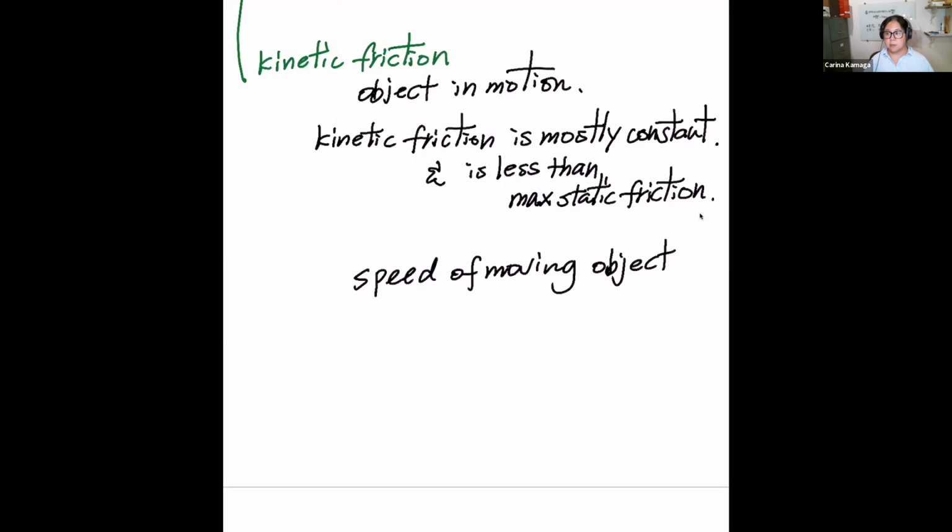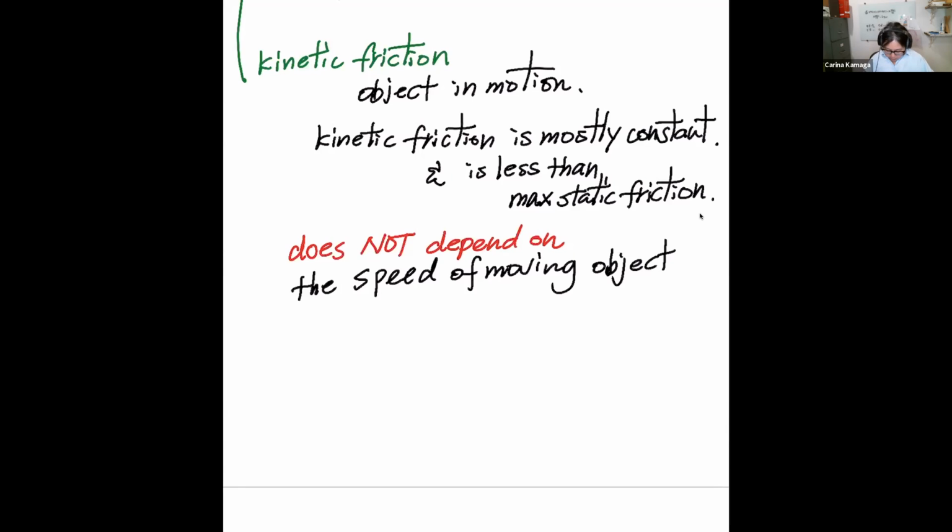No, it does not depend on the speed of the moving object.